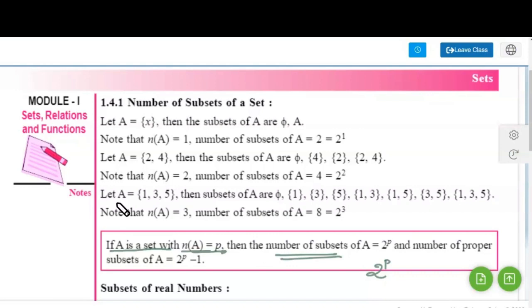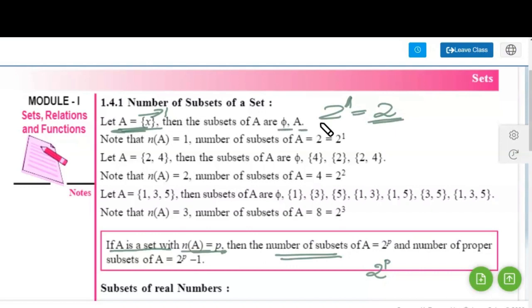Okay. So you can see this example. In this example, A has element X. The number of elements in this set A is only 1. So 2 raised to 1 is the answer. So you have got two subsets for this, which are, one is empty and the element itself.